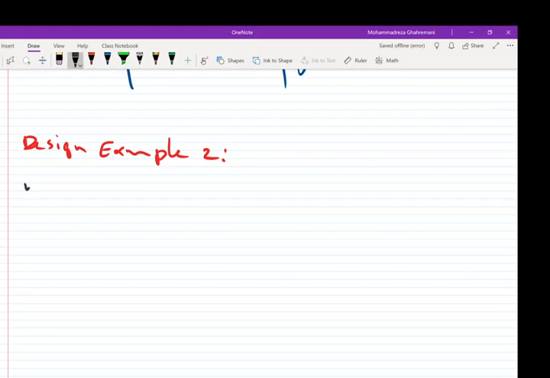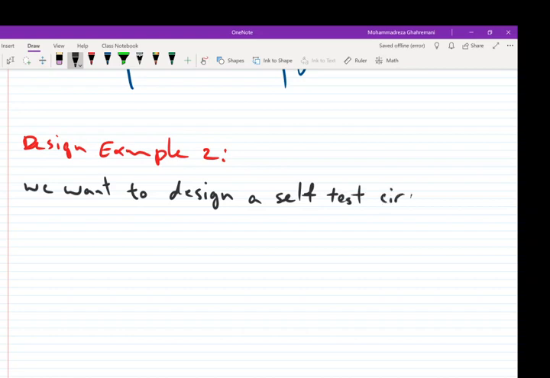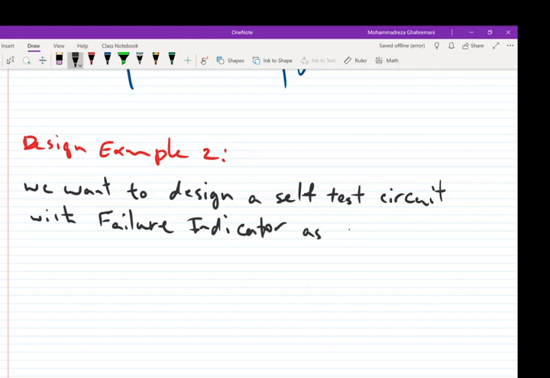It says that we want to design a self-test circuit with failure indicator as shown in the following diagram.